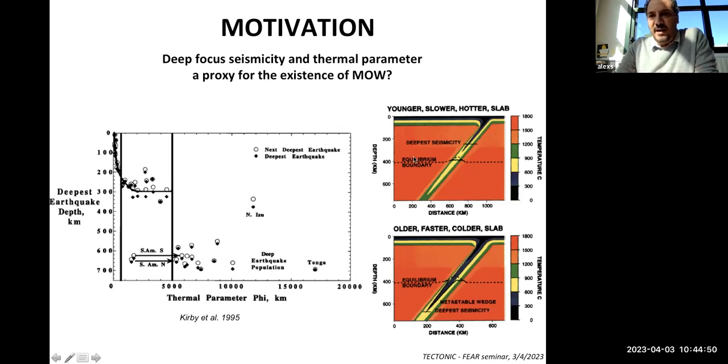And that is explained by the fact that, using the kinetics of the olivine transformation, kinetics mainly constrained by Dave Rubie, you could actually say that if you have a young, slow, hot slab, and this is one of the first thermomechanical models ever done, the cold anomaly, basically because the slab is young and slow and is hot, doesn't penetrate much deeper than 300 kilometer depth. This isotherm here is the 600 isotherm.